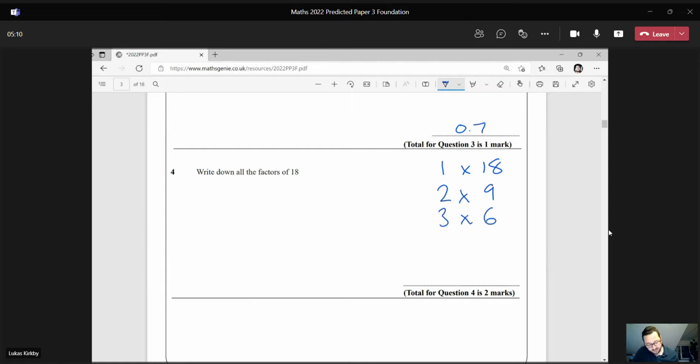Yes, 3 goes 6 times. 4 doesn't go into 18, 5 doesn't go into 18, and then I've got to 6. And so once you get to the other side, you know that you've found all of your factors. So my factors of 18 are 1, 2, 3, 6, 9, and 18. Those are my factors.